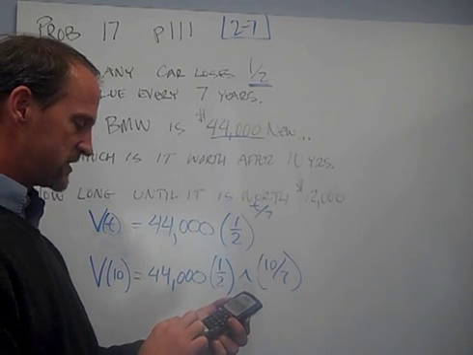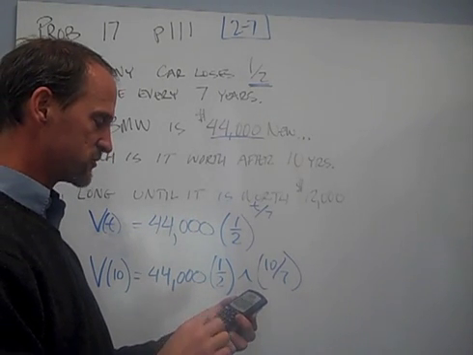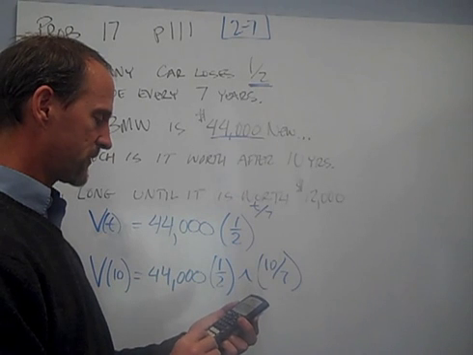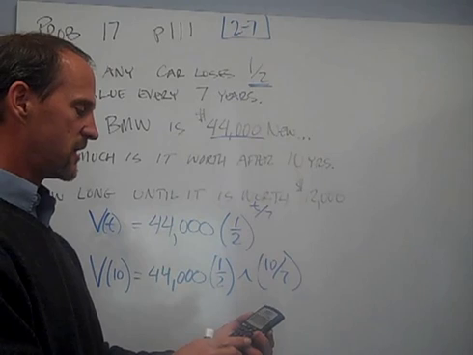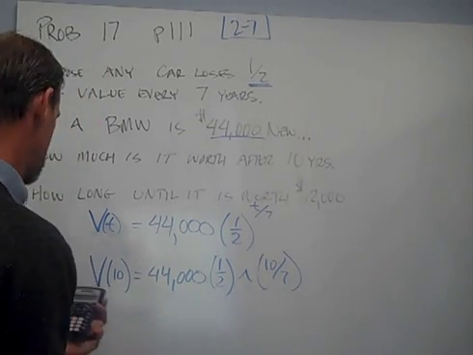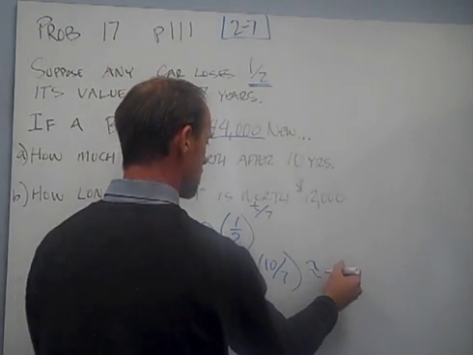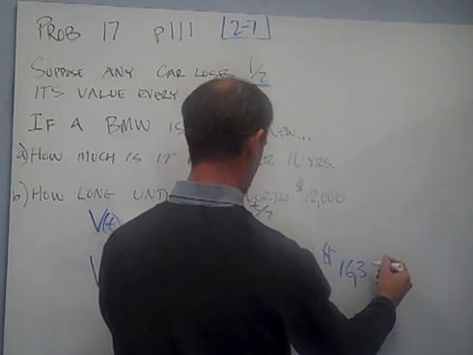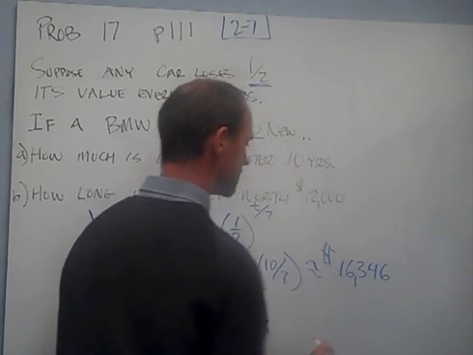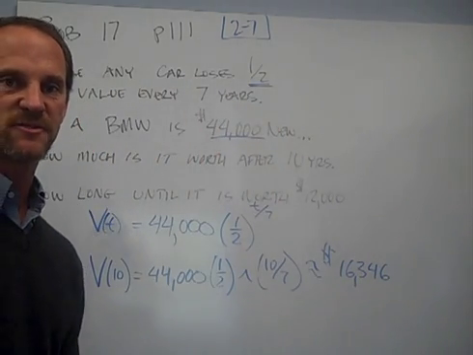So I'll put 10 divided by 7, close parentheses. I hit enter, and I get $16,346. So it's very, very close to $16,346. You don't have to give the answer to the last penny.